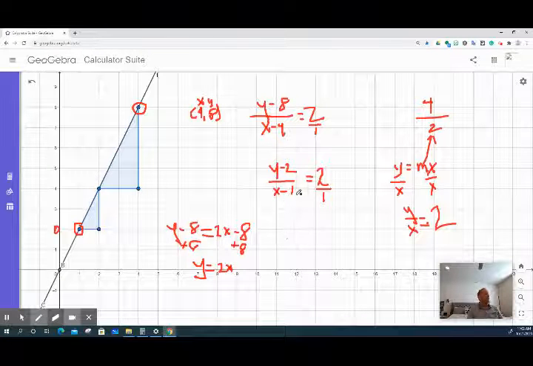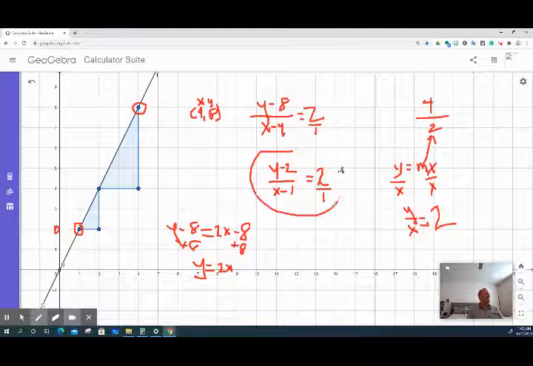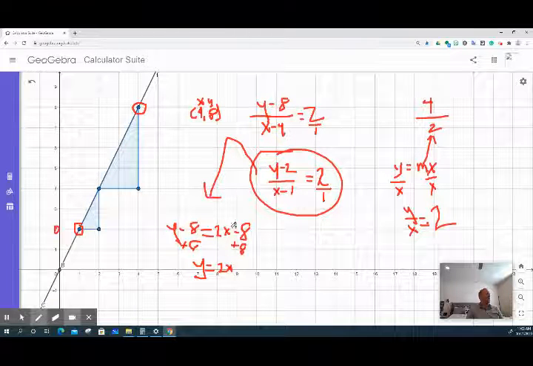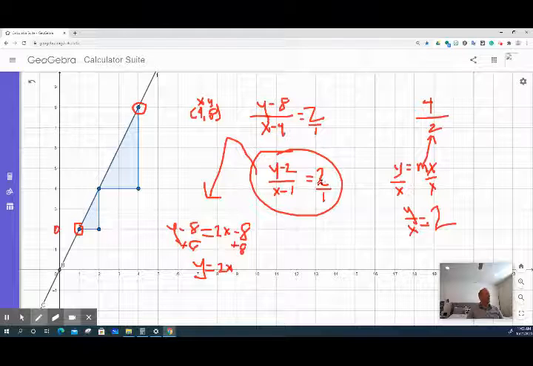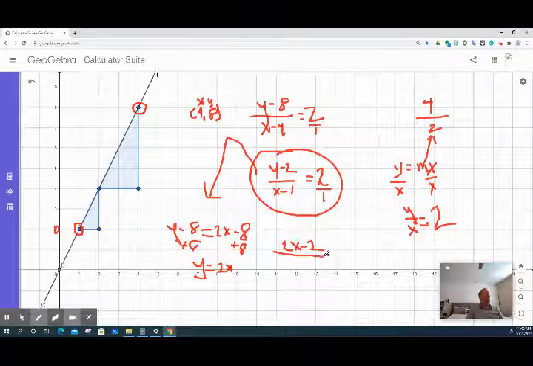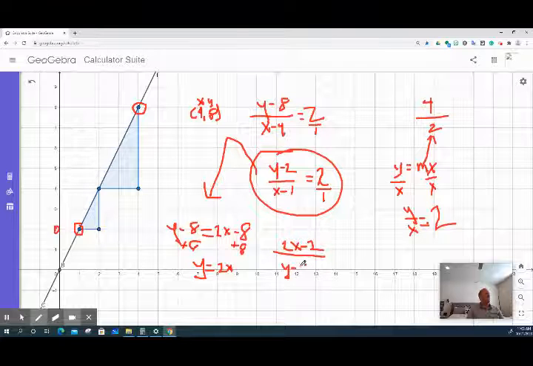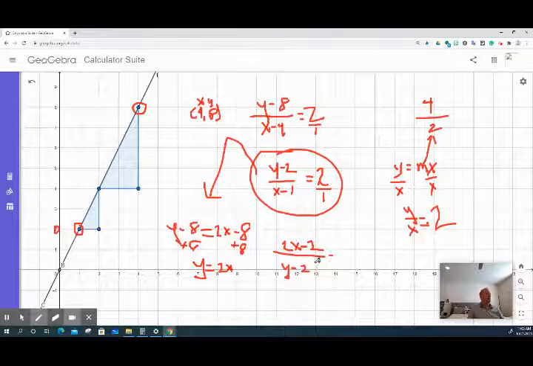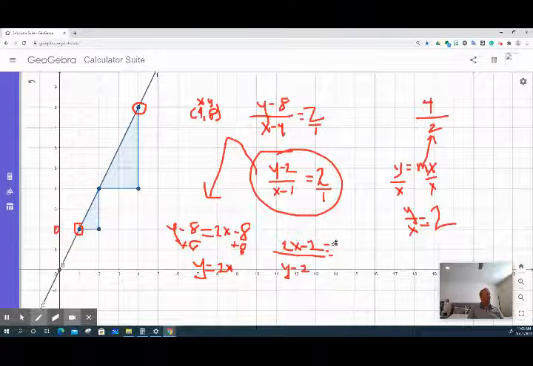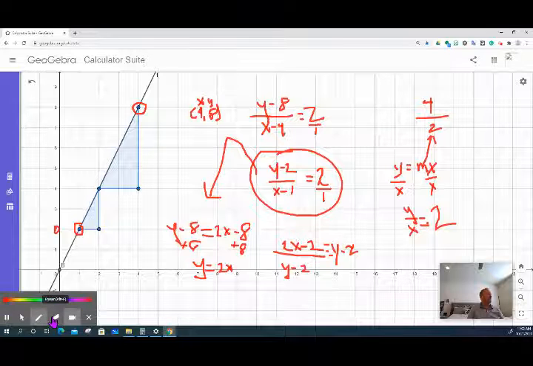So let's see if what I told you is true. When I do this same thing, I should get this same equation. So 2 times x is 2x minus 2. 1 times y is y minus 2. So that all has to equal y minus 2 because we did the cross multiplication.